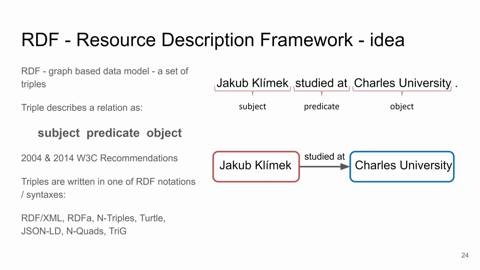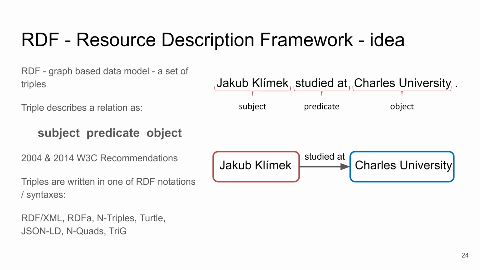The predicate says what we say about that entity, and the object gives us the value of that predicate. So here we have a subject, Jakub Klimek. We say that Jakub Klimek studied at, and Charles University is the value of the studied at predicate. So we have a subject, Jakub Klimek, studied at, predicate, Charles University, object. Subject, predicate, object, an RDF triple, a simple statement.